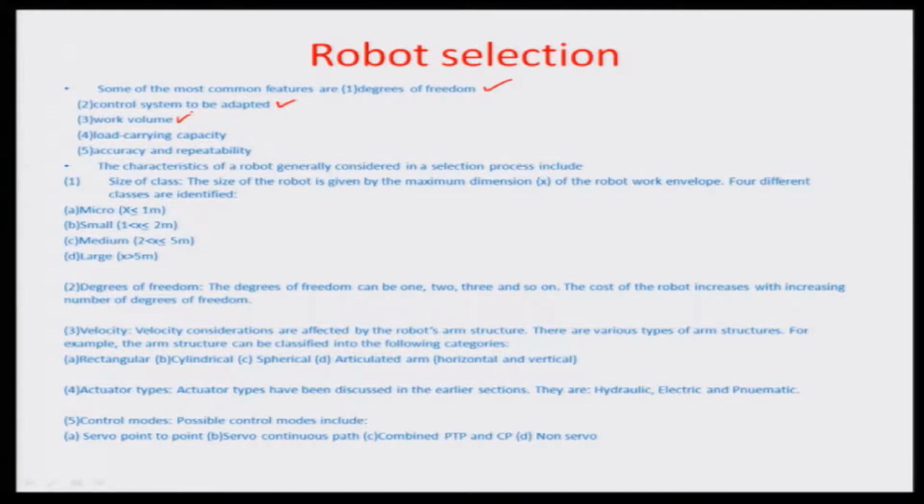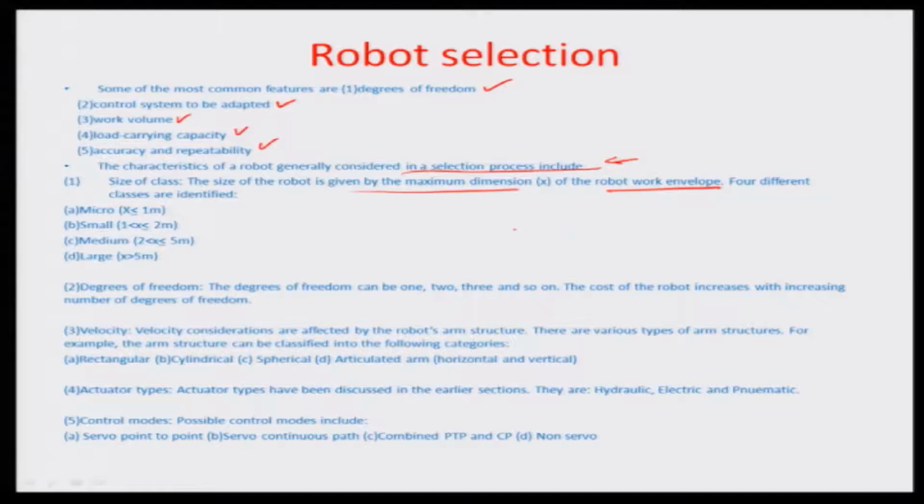Typically all robotic applications are for repetitive, assembly line kind of work: load carrying capacity, accuracy, repeatability, and so on. The characteristics generally considered in a selection process include the size class. The size of the robot is given by the maximum dimension x of the robot work envelope.